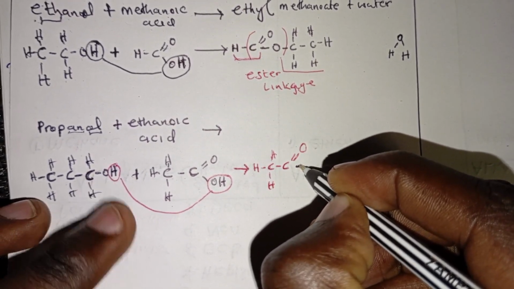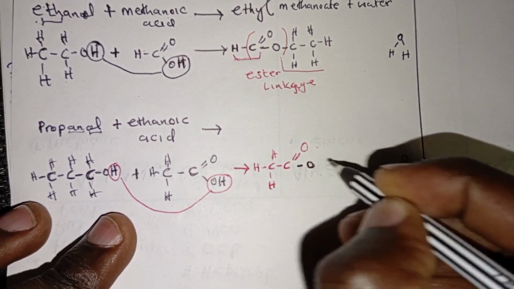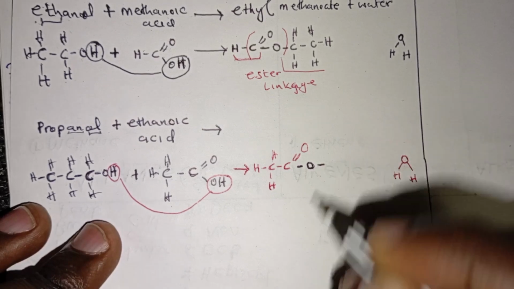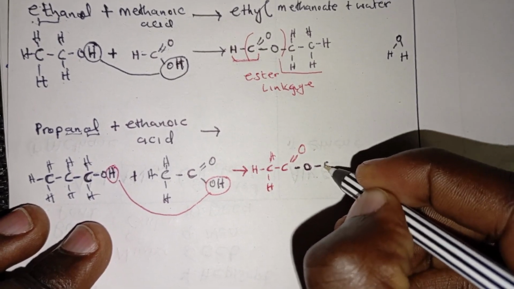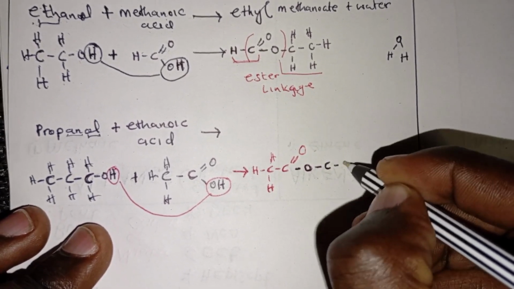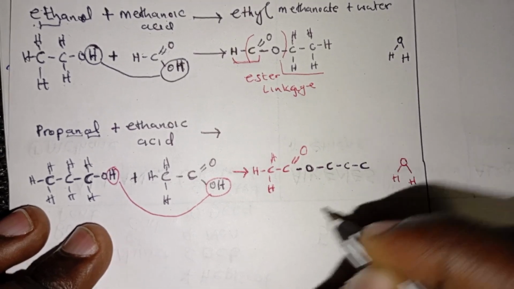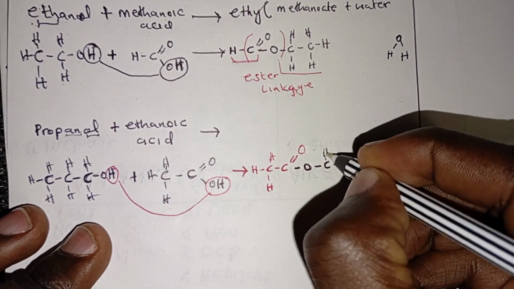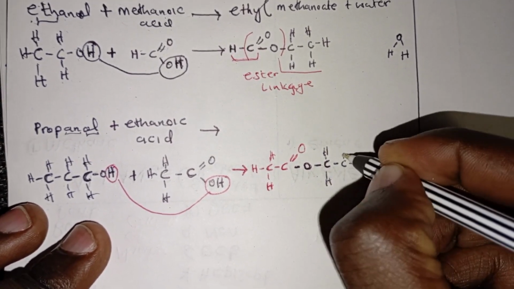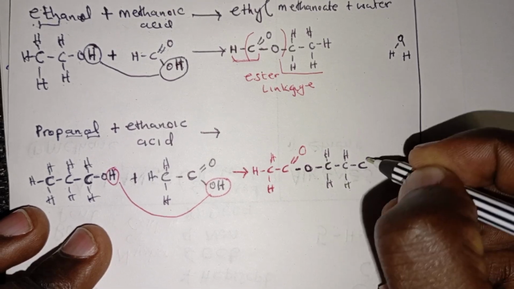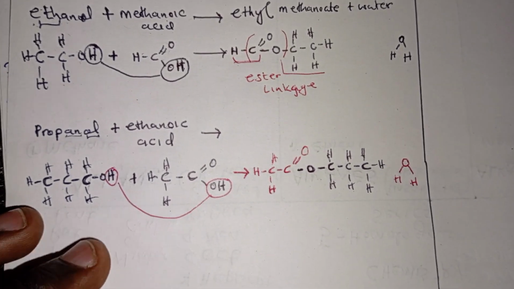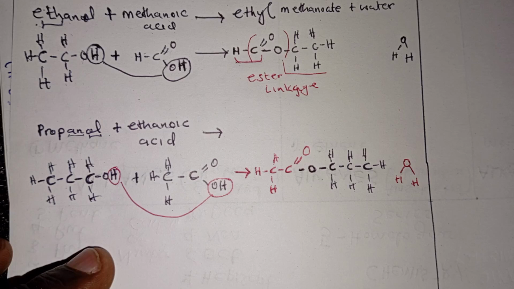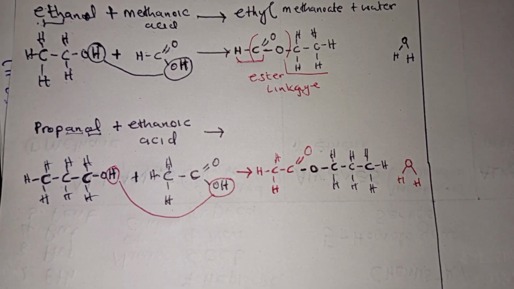So we are linking it to this one. Goes to this C, that one, and that one there. This one, 2 hydrogens. Okay, so that is the structure for the ester. Okay, this is the structure for the ester.